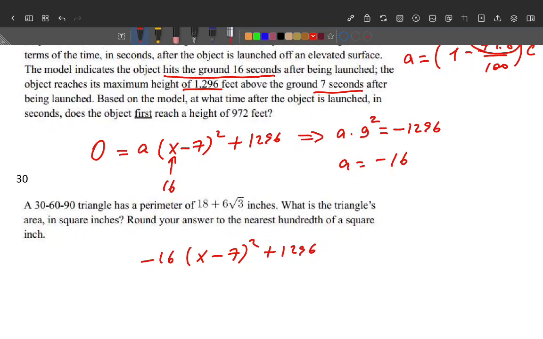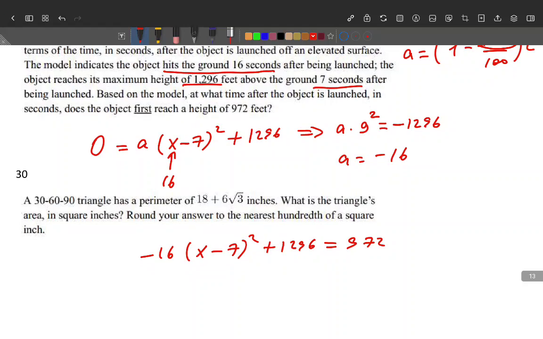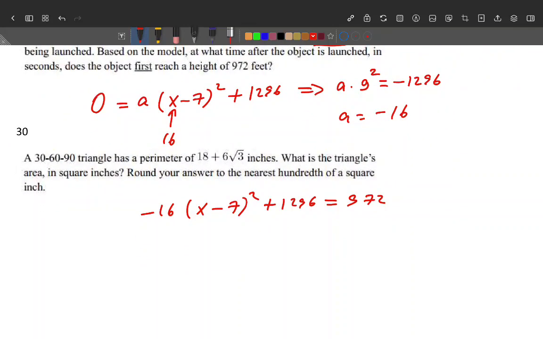When does the object first reach this height? It means the height should be equal to this number. We should solve this equation.